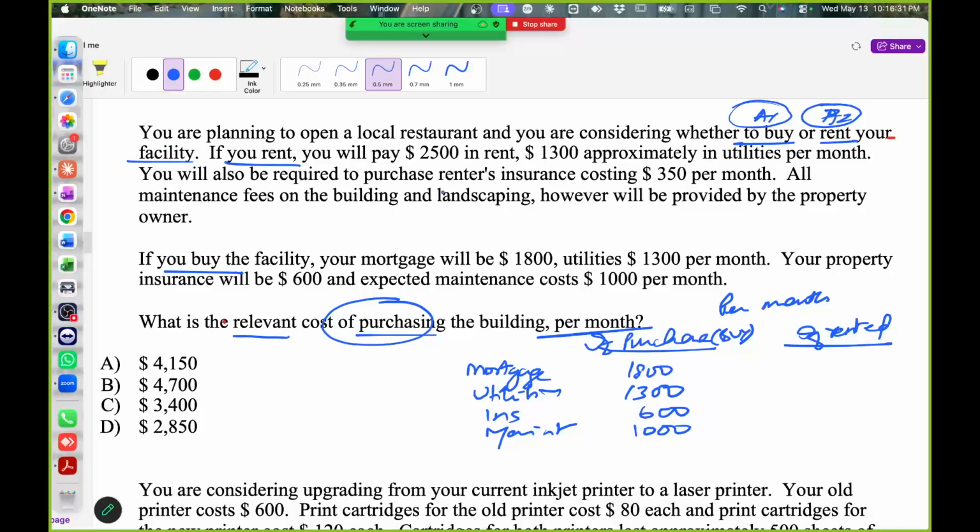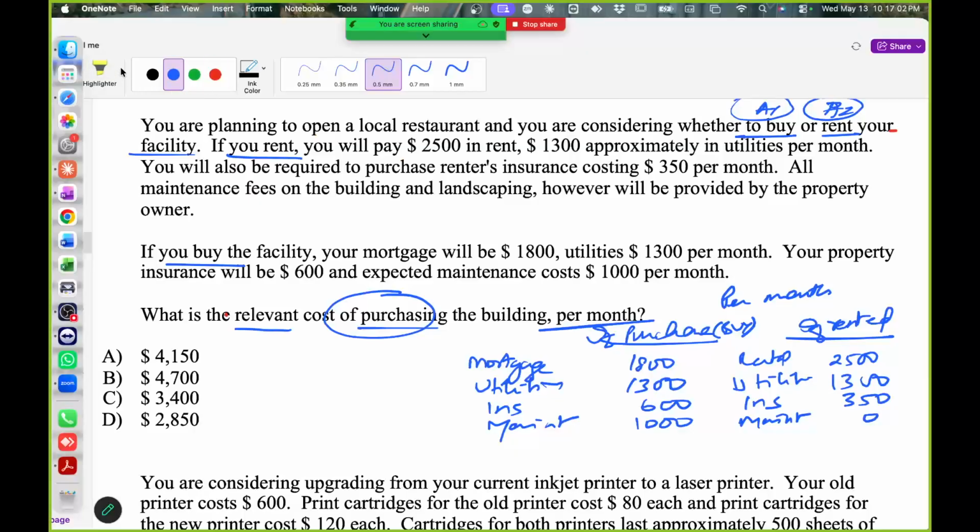If you rent and start, rental of the building 2,500, utilities 1,300, insurance 350, maintenance not applicable, 0.